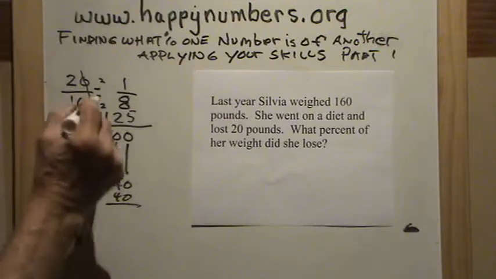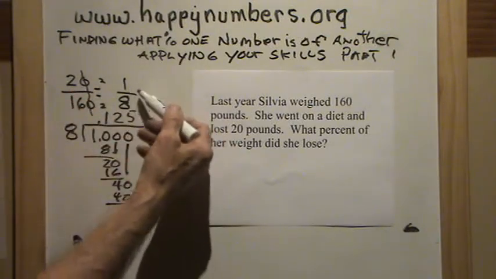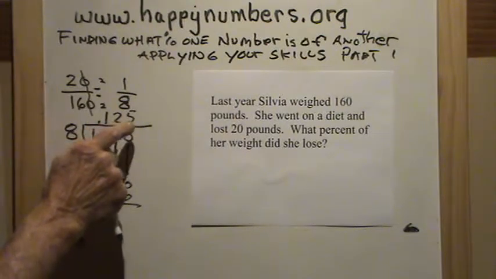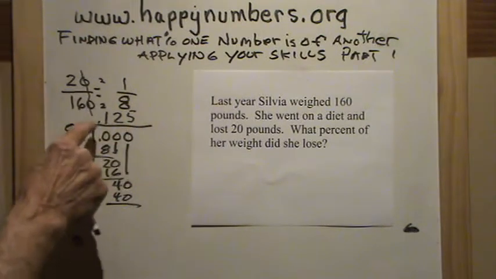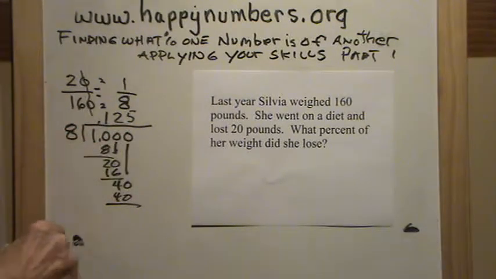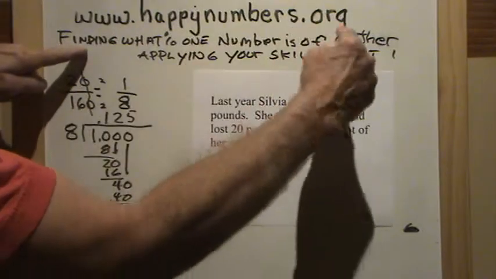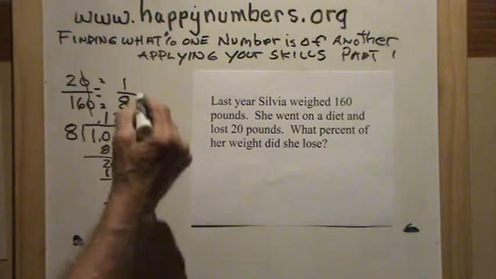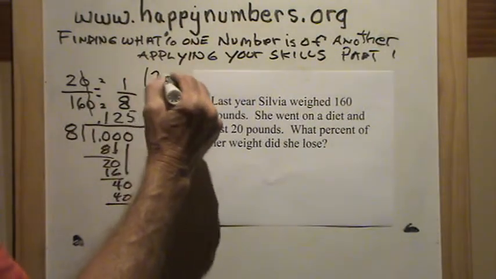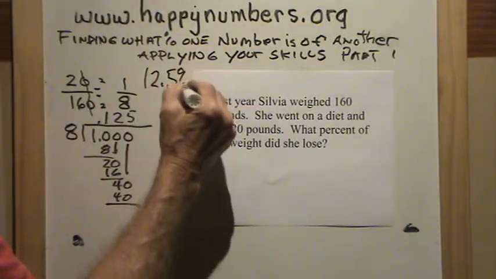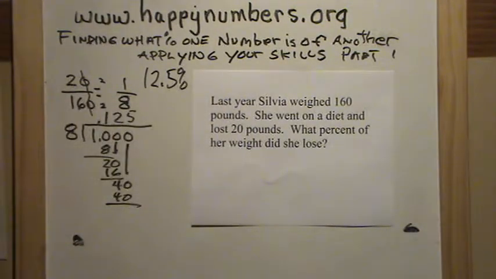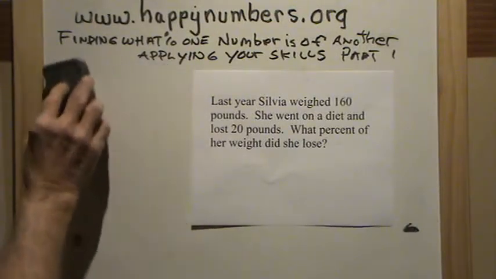So I have changed the fraction 1/8 into the decimal fraction 125 thousandths, and now I have to change this decimal fraction from a decimal to a percent. I'm going from D in the alphabet to P, so I have to move 2 places over, and I get 12.5%.